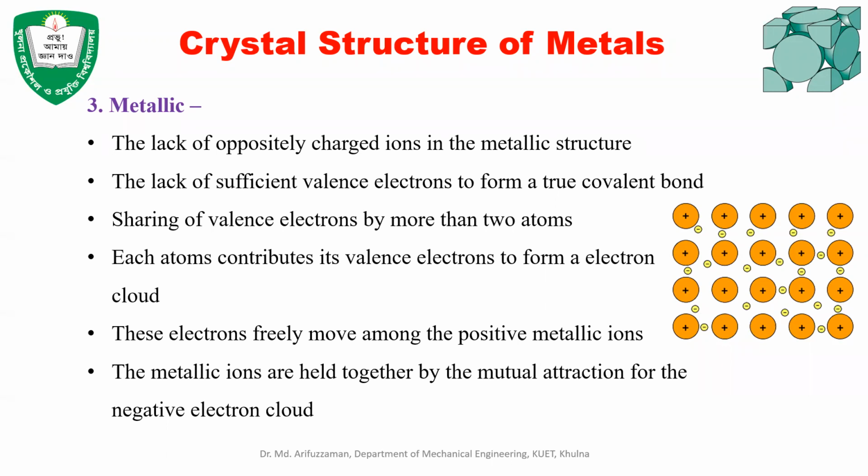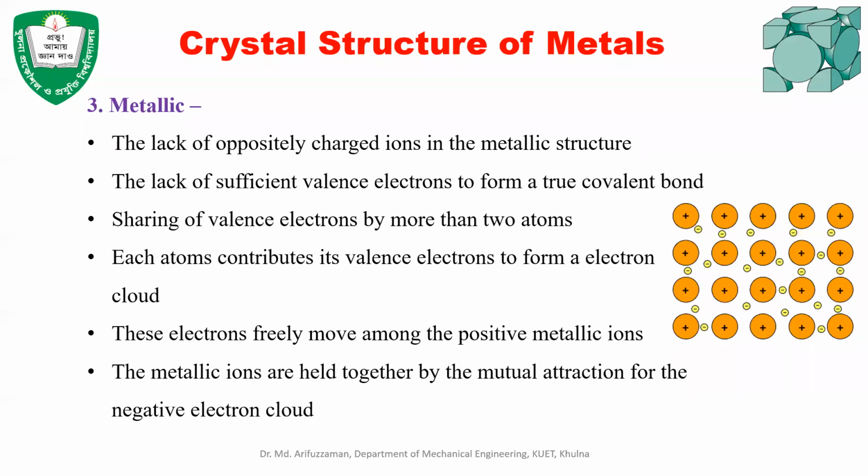And the second is the lack of sufficient valence electrons to form a true covalent bond. Because as you know, the metal outer shell contains from 1 to 3 or 4 electrons, so there are not sufficient electrons to produce a covalent bond between the molecules.